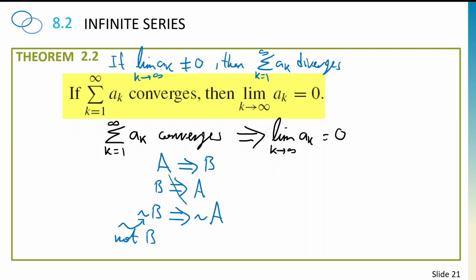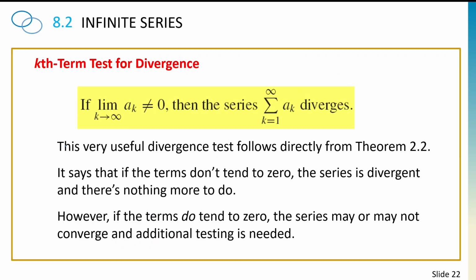So if the limit of a_k does not equal 0, we can 100% guarantee that the series diverges. You see where they got it from? It's just basic logic. I need you always to remember these three statements. A implies B, it doesn't mean that B implies A, but always the negation is true: not B implies not A. Now see this next test.